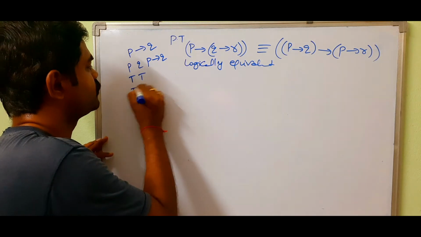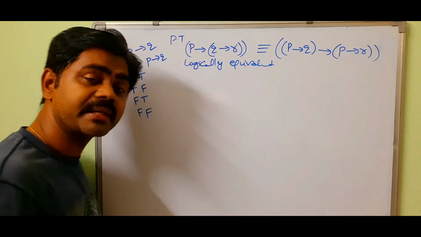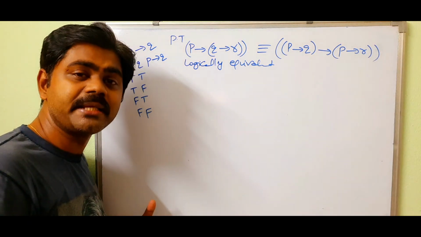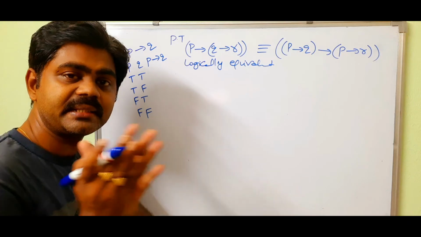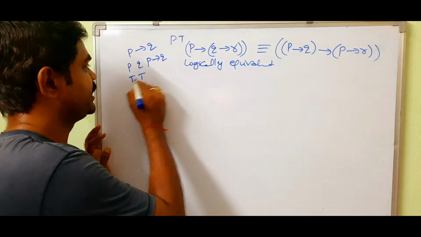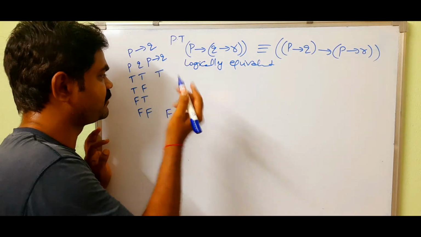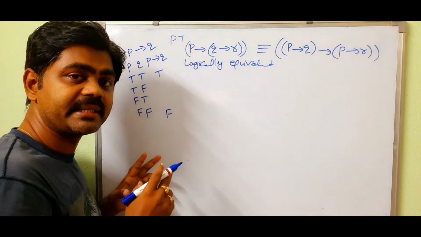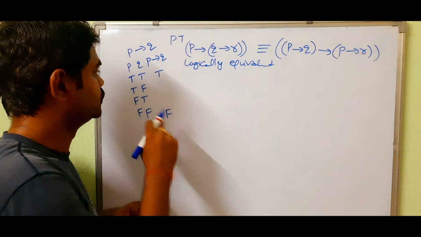True, true, true, false, false, true, false, false. Okay. So now what is P implies Q? If P, then Q. Okay. So here in true, true I will get true, in false, false I will get false. But in remaining cases, what value do I have for Q?